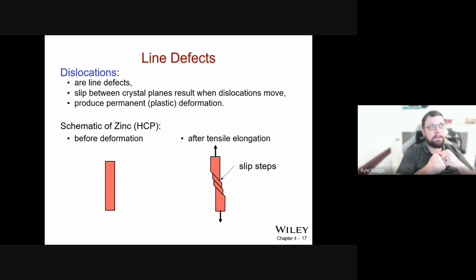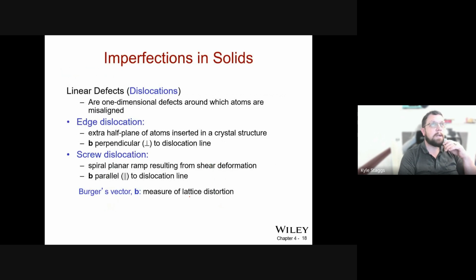So as the metals are elongated, these planes slip against each other, through the mechanisms that we've already seen, especially for something like zinc that is fundamentally hexagonal. There's a straight stack of planes. After the elongation, there's all of these slip steps, and you'll see what that looks like. It's a very interesting phenomenon.